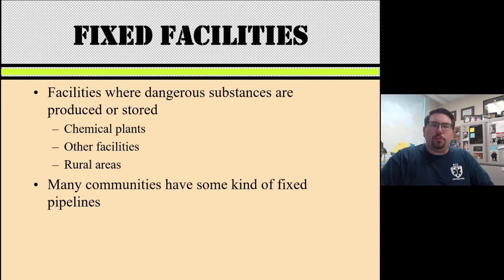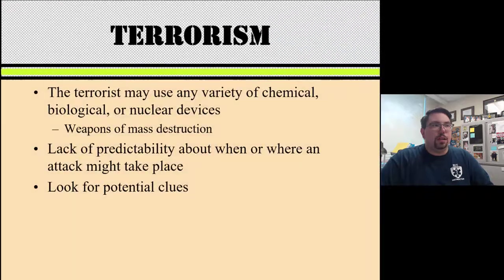Now, fixed facilities or locations where dangerous substances are produced or stored include things like chemical plants and other facilities in rural areas. Many communities have some kind of fixed pipelines to move some of these substances around, especially in your larger manufacturing organizations. Terrorism is always another concern when it comes to hazardous materials.